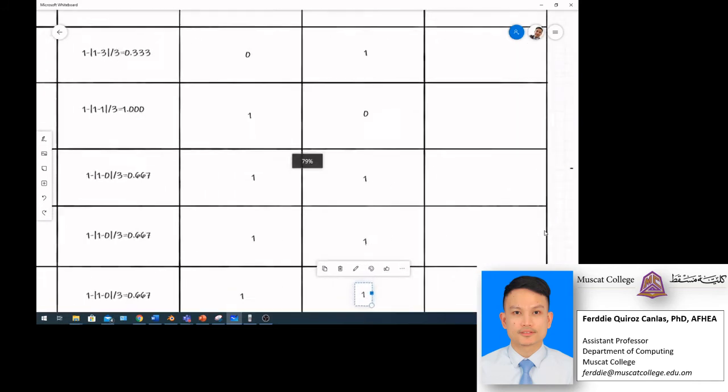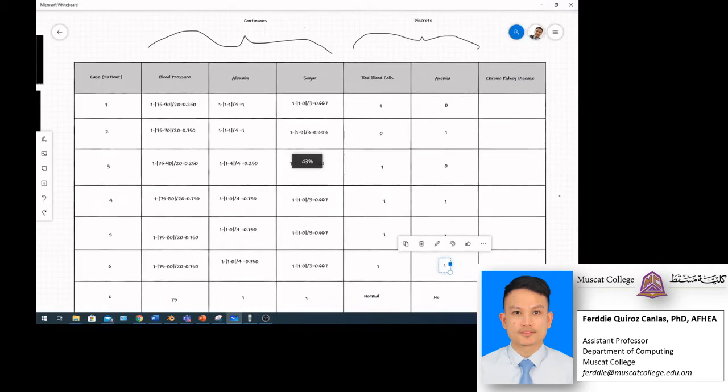Okay? So we are now done with the local similarity calculation here. This is now the time for us to calculate the global similarity.